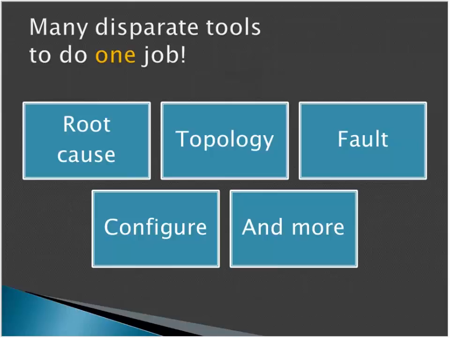All of those topics, if they're handled by disparate tools, that is a recipe for inefficiency, and along with that, hidden cost, which may not be immediately apparent, particularly if some of those tools are free or shareware.